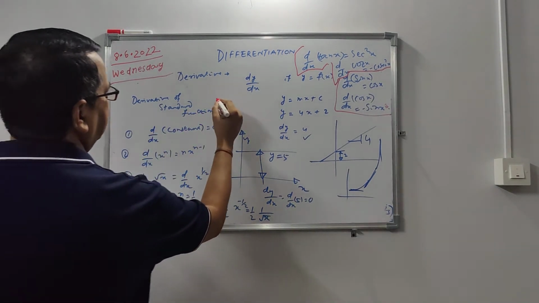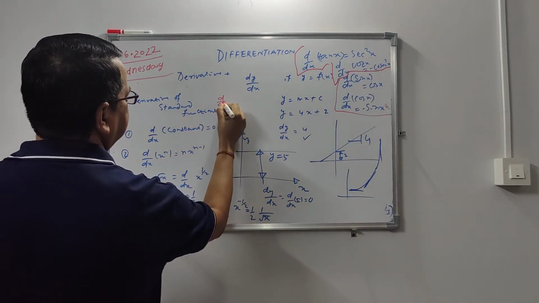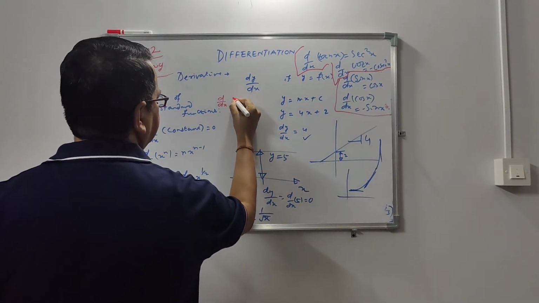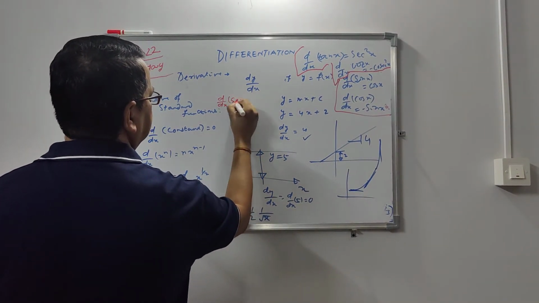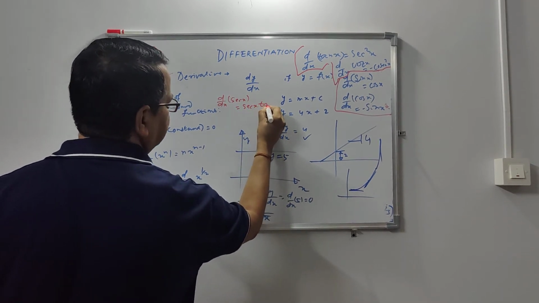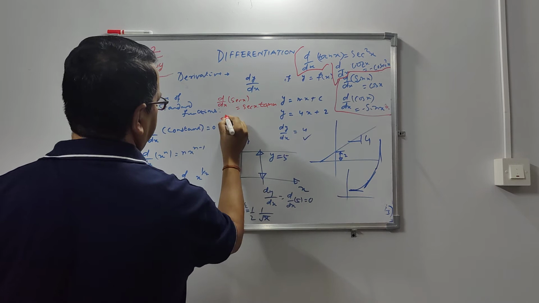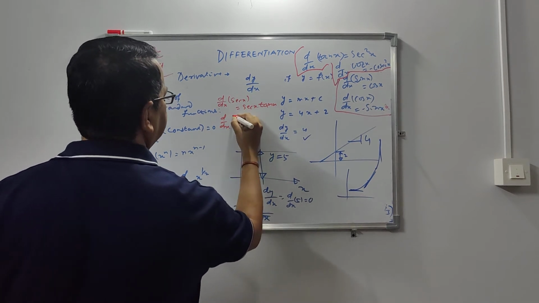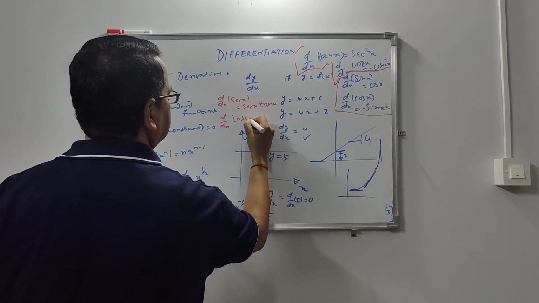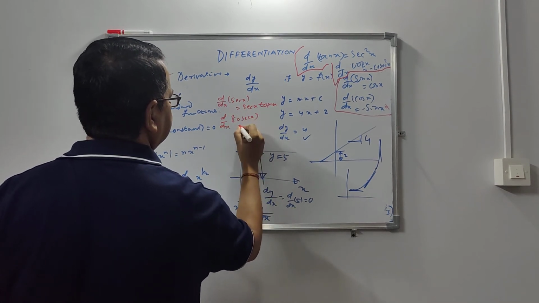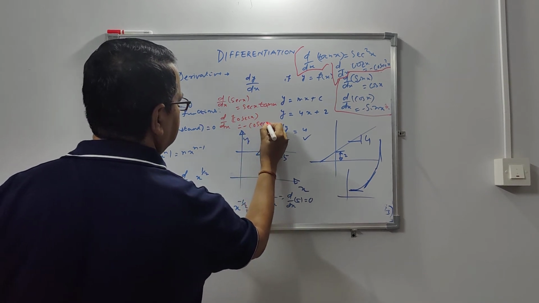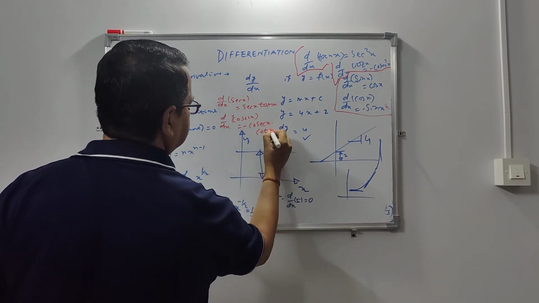Similarly, d by dx of sec x is equal to sec x into tan x. You have to remember these things. Then d by dx of cosec x is equal to minus cosec x into cot x.